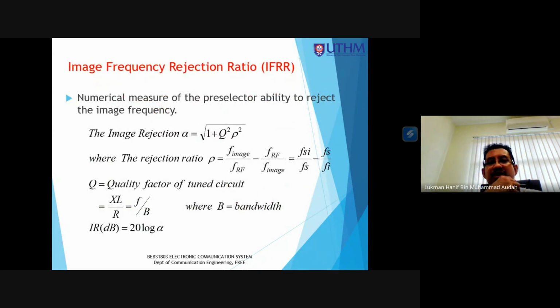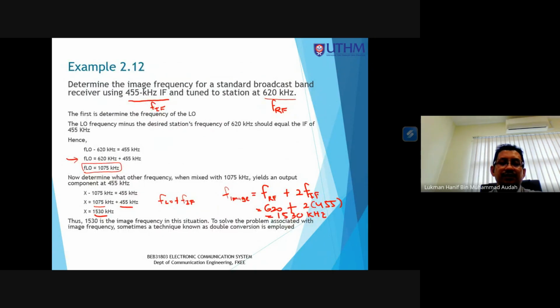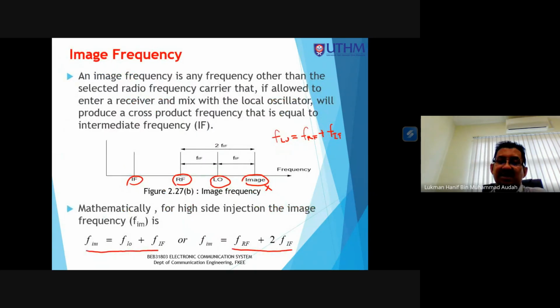Before that, class, for your information, image frequency is among the favorite questions in the exam. We have asked these questions many times in the exam, where we have asked the students to define the image frequency.